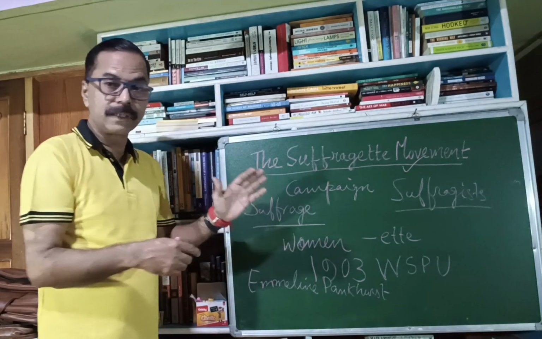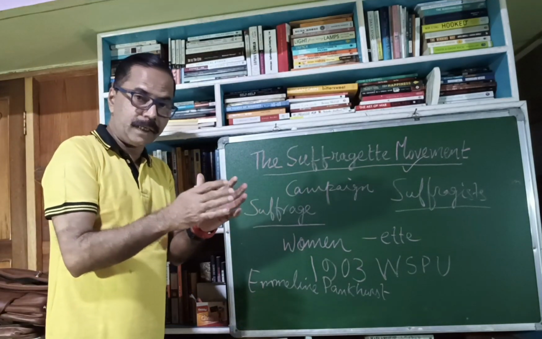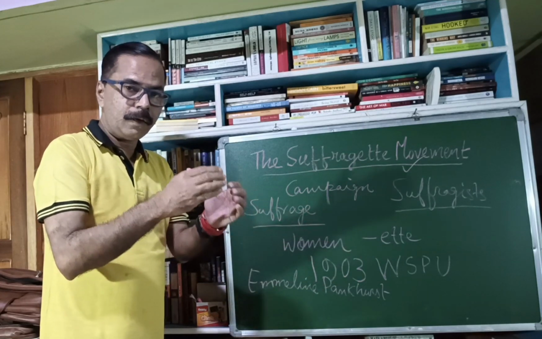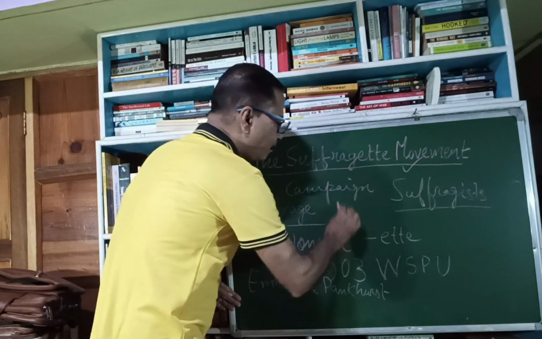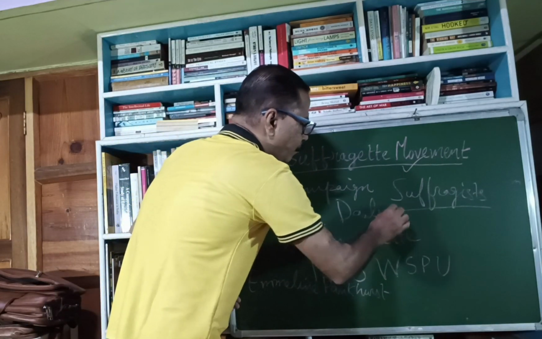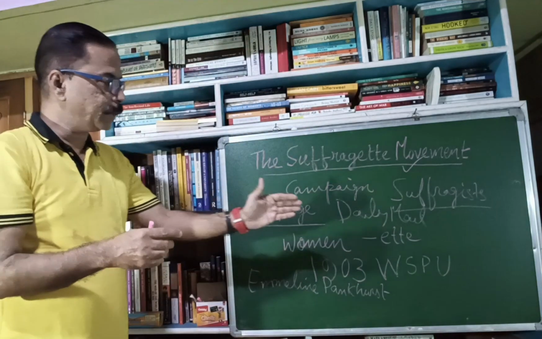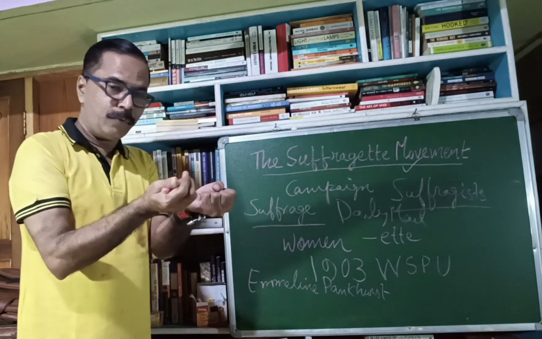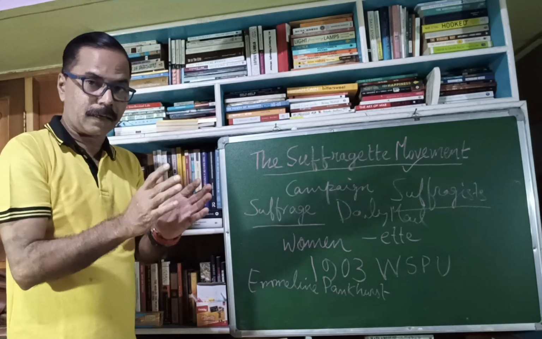Now this term suffragette actually was a journalistic term. It was a newspaper, the Daily Mail, which used this term in a derogatory way, referring to these militant women as the suffragettes. But these women actually were okay with it. They took up the term, and this term stuck.